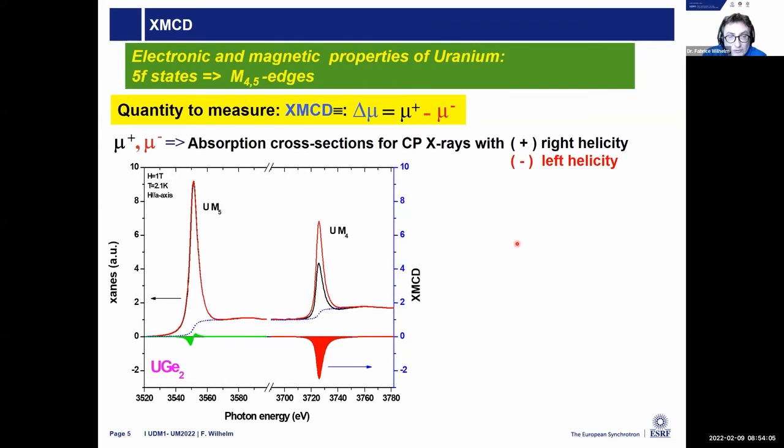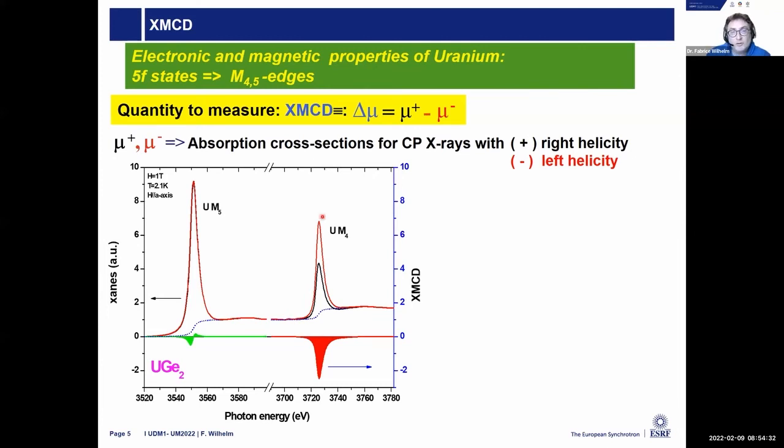So first, to probe the electronic and magnetic properties of uranium in UGe2, we have to probe directly the 5f states. The absorption edges that are suitable to probe directly the 5f states are the M4,5 edges. The uranium M5 edge is located at 3.55 keV, whereas the uranium M4 edge is located at 3.72 keV.